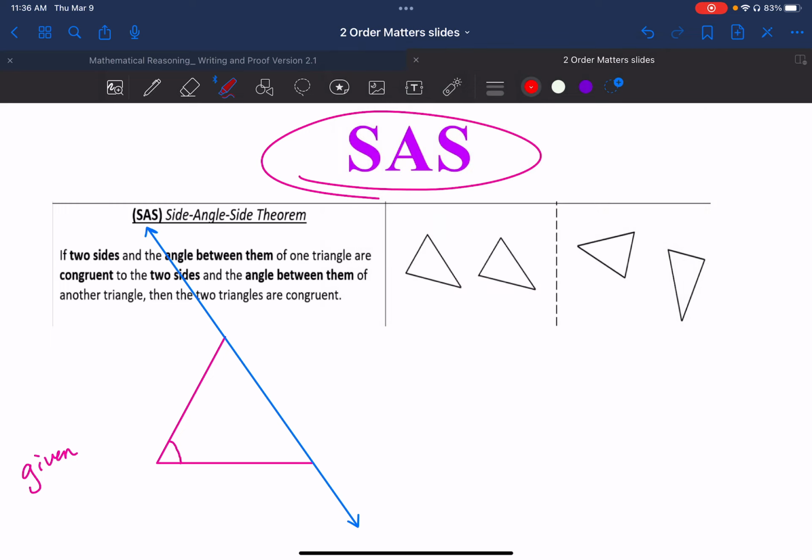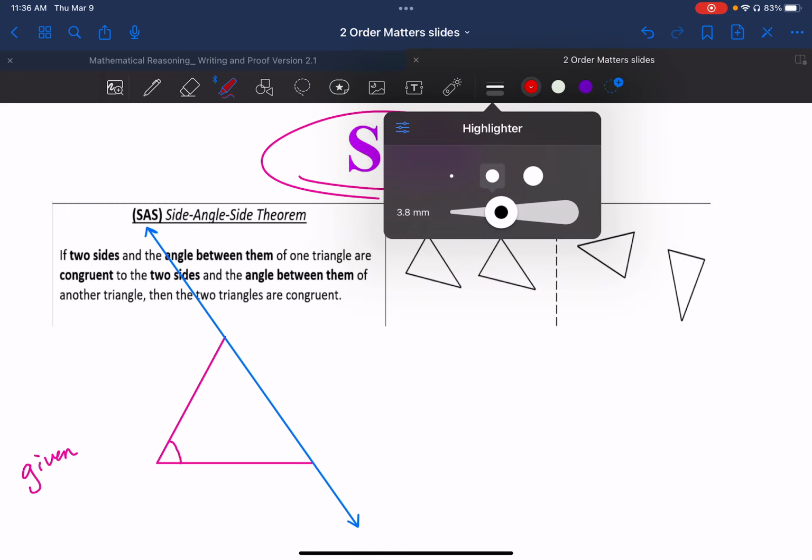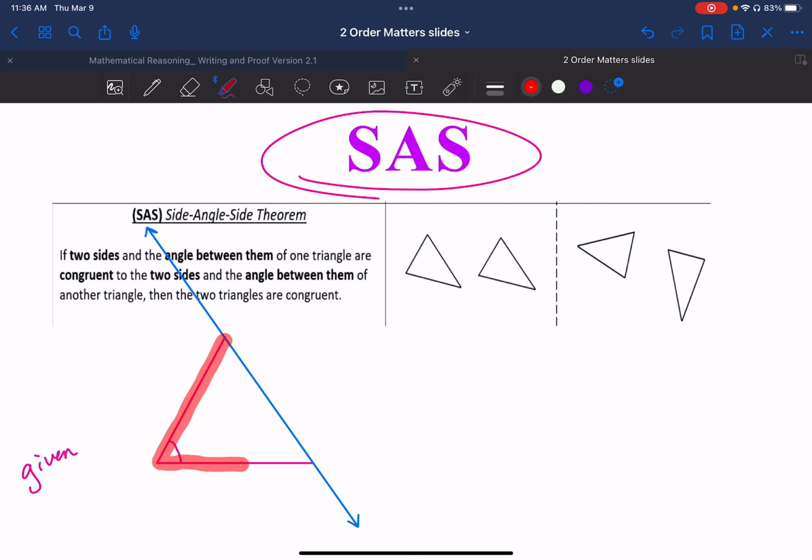Let me make this a little bigger. I can only make this triangle. There is no other option. So if I'm given a side, the angle between them, and the other side, this is the triangle. I know it must be congruent to the other.